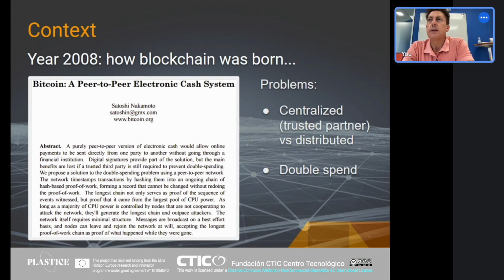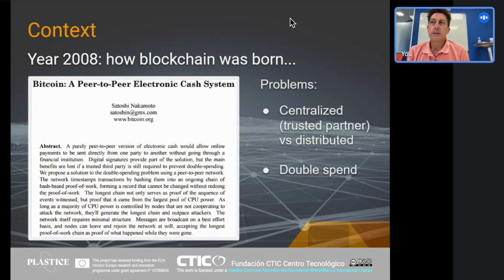And mainly, what this network made possible was preventing the double spend. Double spend is that in the digital world, you know that you can copy anything. In the digital world, there is no original and copy. Imagine a PDF. You create a PDF from a document. It's perfectly identical.